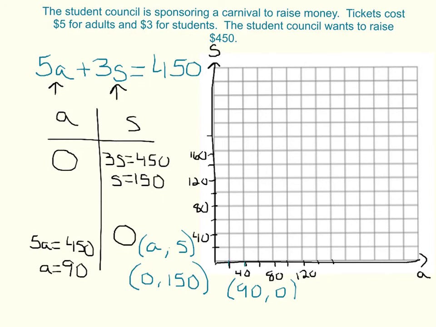So if we sell 0 adult tickets, we'll have to sell 150 student tickets. And if we sell 0 student tickets, we'll have to sell 90 adult tickets. So those are my two intercepts, and now I can connect those two dots for my graph.